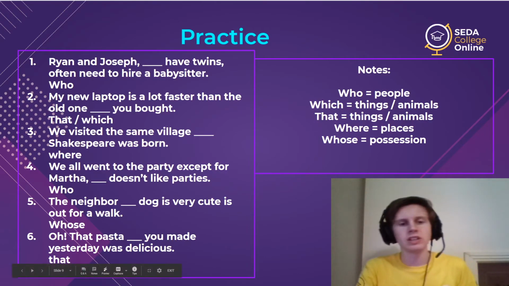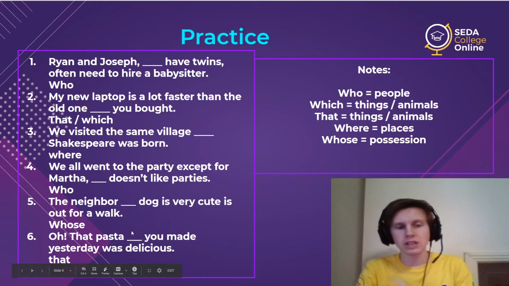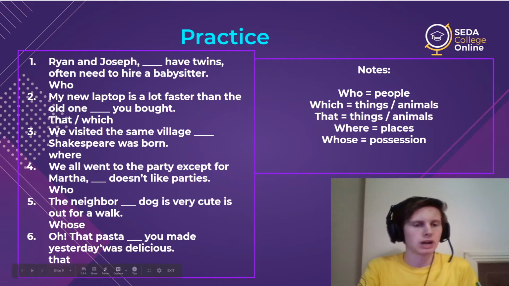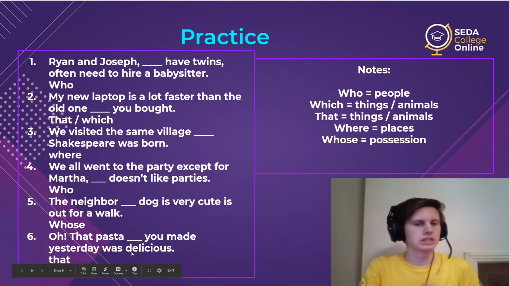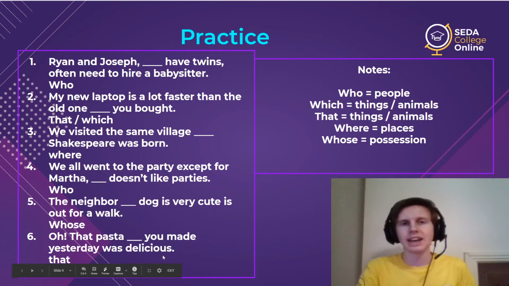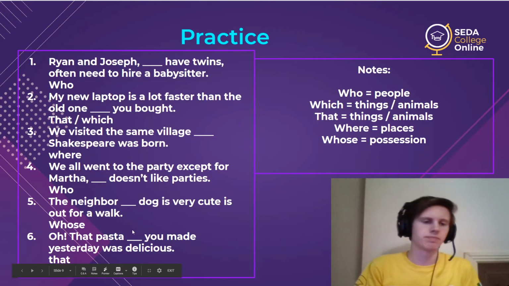And this is a good example where I can show it is not required. So it is totally correct to say the pasta you made yesterday was delicious. Or the pasta that you made yesterday was delicious. Both are correct because I have a subject, pasta was delicious, and I have a subject here, you made yesterday. So now I know the relative pronoun is not required.